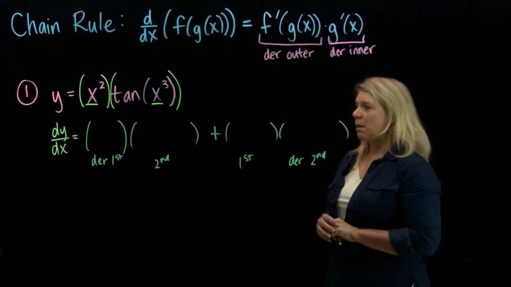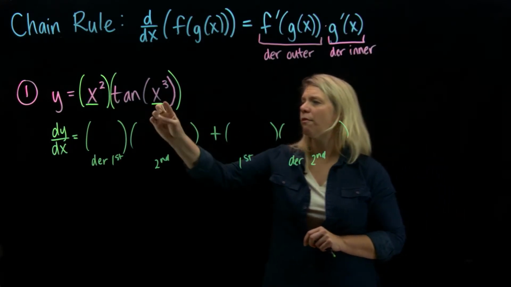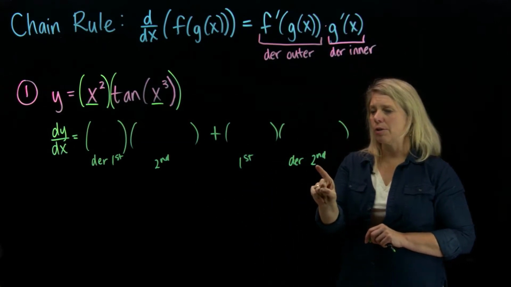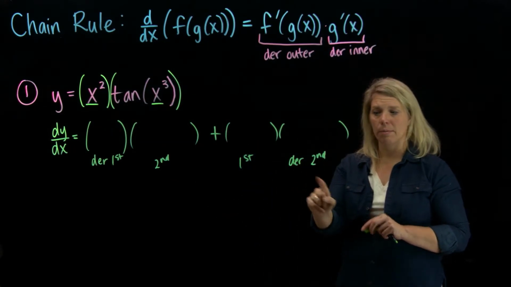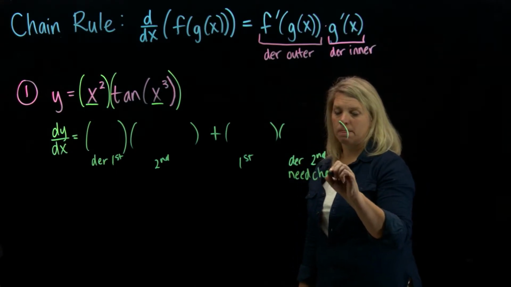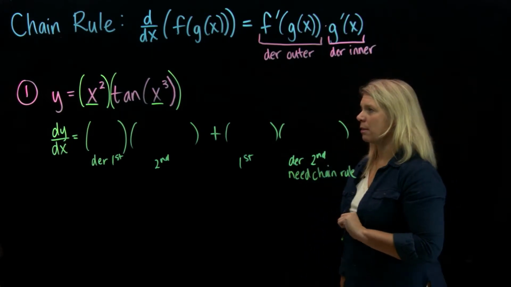And then I'm going to think a little bit about where I need to use chain rule. Where I'll need to use chain rule is where I have an x cubed function inside another function. So when I go to take the derivative of that second part here, this is where I'm going to use chain rule. I might have to extend this parentheses a little bit here.